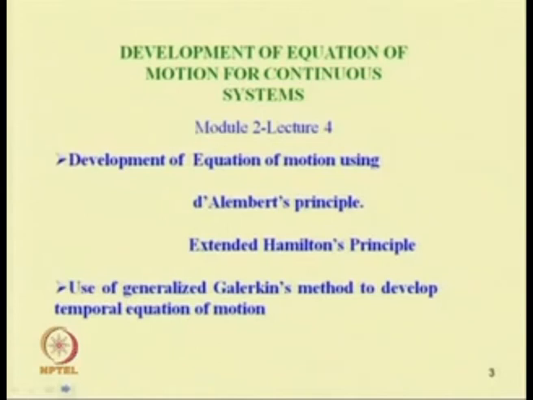In the continuous system, we will have a partial differential equation of motion, or we may have an integral differential equation of motion. So, today we will derive the equation of motion for the continuous system, and this derivation will be carried out using some examples, where D'Alembert's principle and the extended Hamilton's principle will be used.